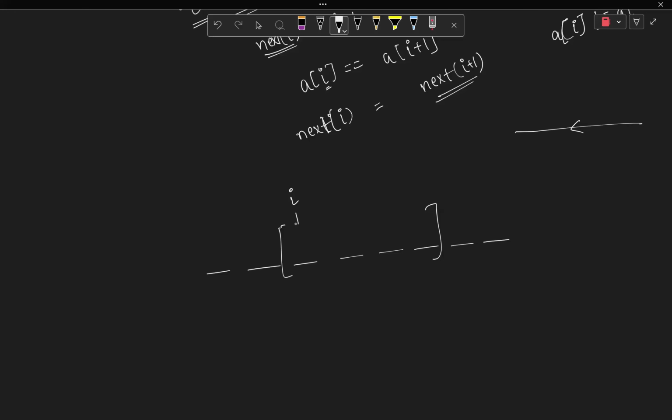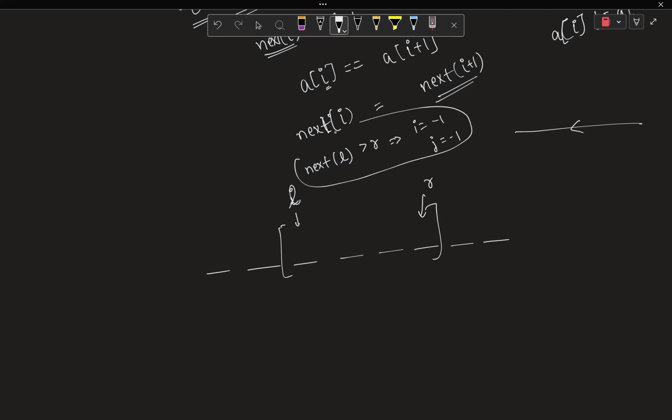Let me say that I have been given two indices L and R. I can check the first index in this range, which is L. If next of L is greater than R, it means the first element which is not equal to this one is outside the range, which means all of these must be equal, so my answer will turn out to be i equal to -1 and j equal to -1.